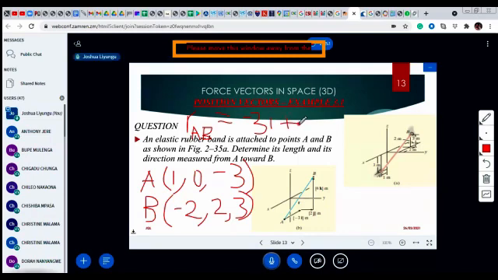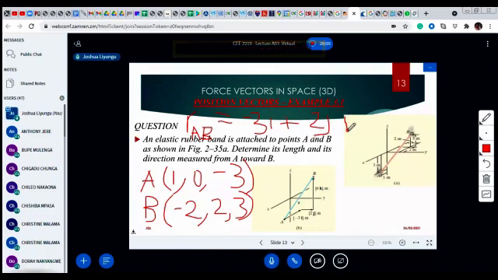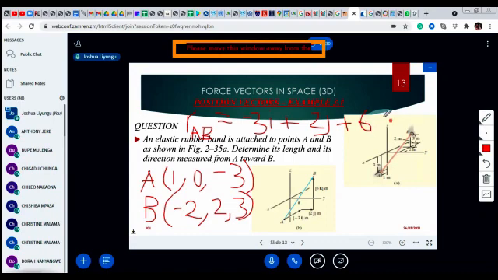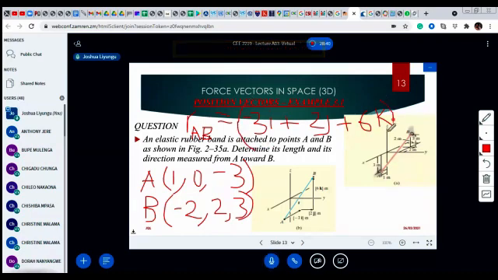I'm always starting from B. So it is 2 minus 0, which is just 2J, plus, I always start from B. So it is 3 minus negative 3, which is going to be a plus 6, and it will be a K. And we know that this is in meters.